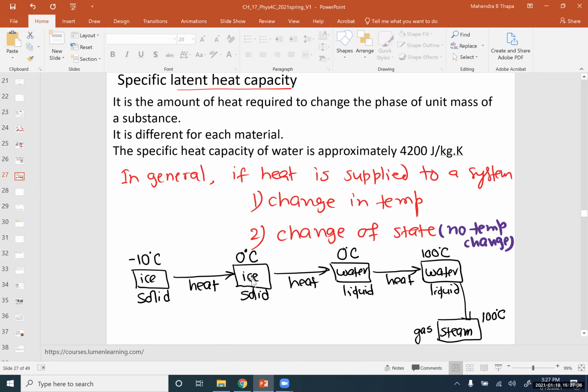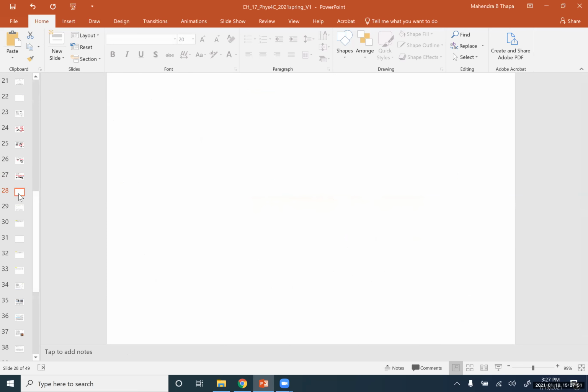You see that the temperature changes from minus 10 to 0. So 0 has a special meaning, because if you heat ice at 0 degrees, it converts to 0 degree water. So this temperature, 0 degrees Celsius, is called the melting point, or melting point temperature, or freezing point.